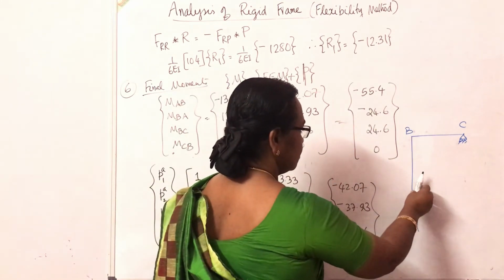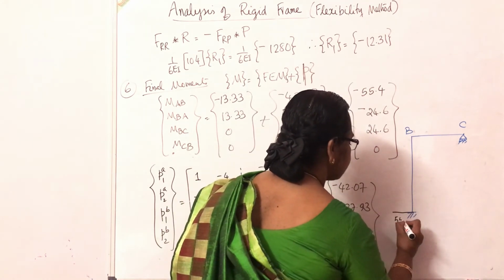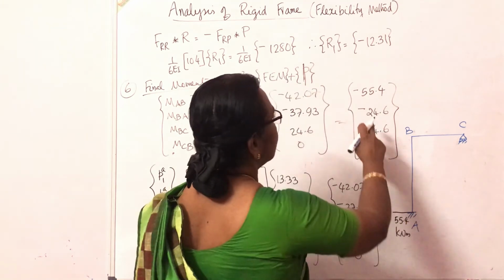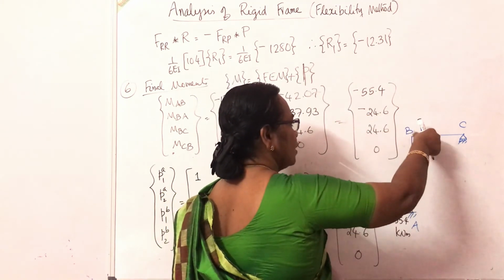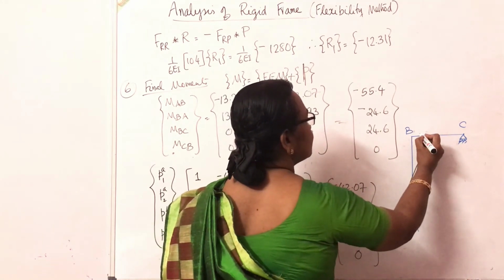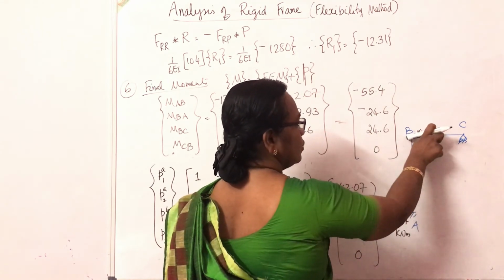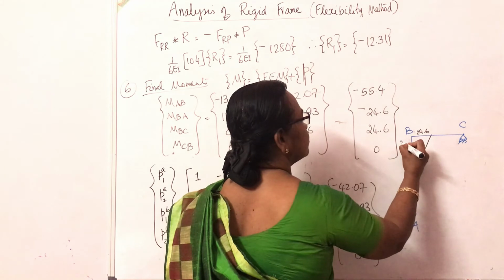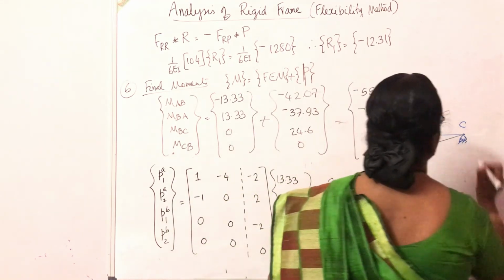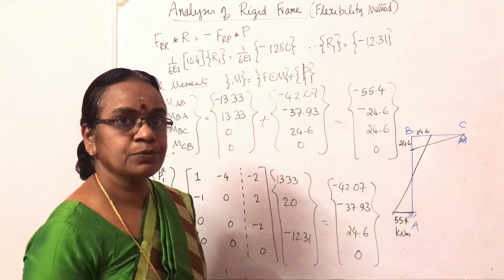So A to B, minus, anti-clockwise, 55.4 kilonewton meter. The second, it is minus 24.6 from here, anti-clockwise. So this is 24.6. Then plus 24.6 here to here clockwise. So this is 24.6. Here to 0.